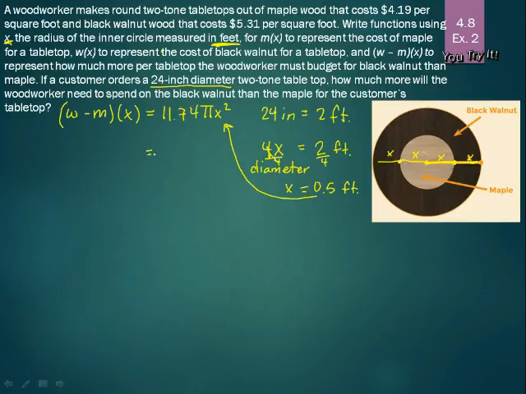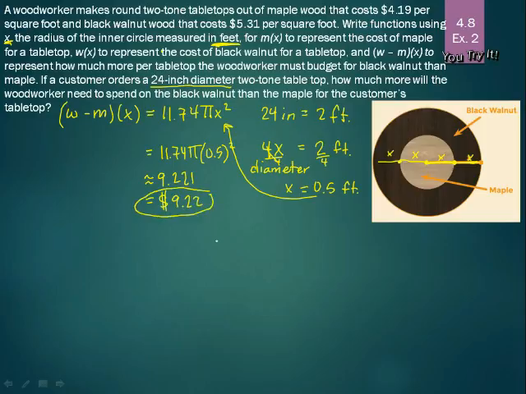And so plugging that in, we get 11 74/100 times pi times 1/2 squared. And typing that in the calculator, that gives us approximately 9.220. So rounding that off, it's going to be a dollar amount. So we can say that the customer will end up paying about $9.22 more for walnut than maple.